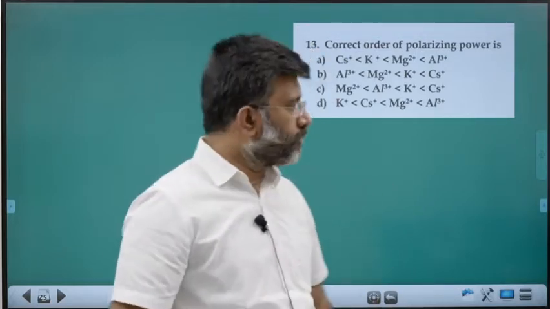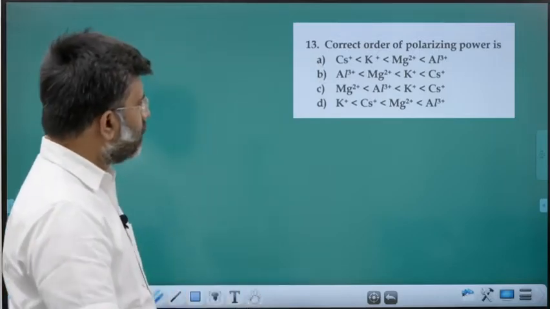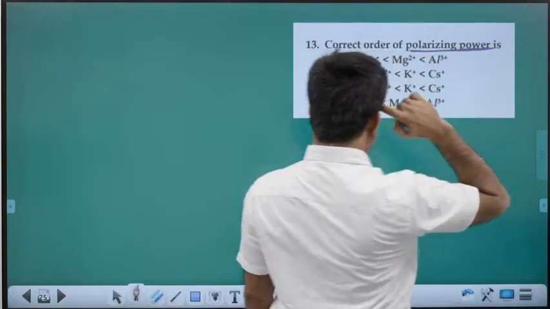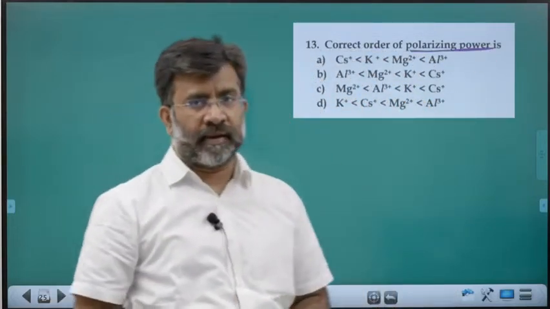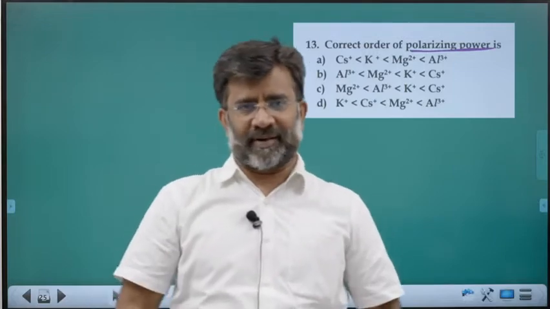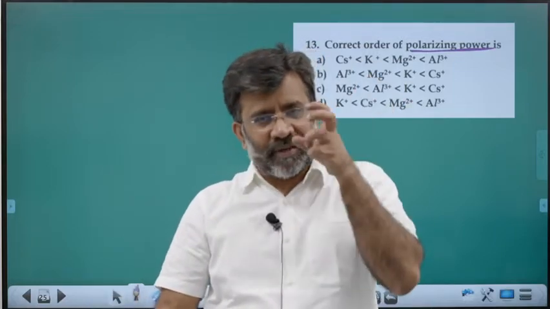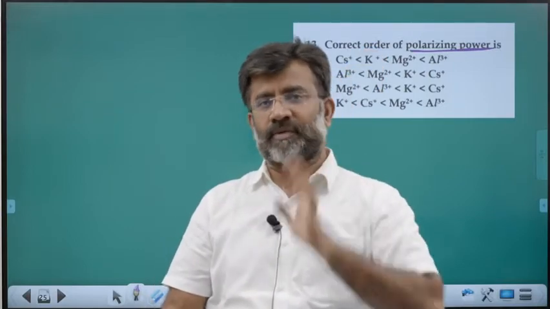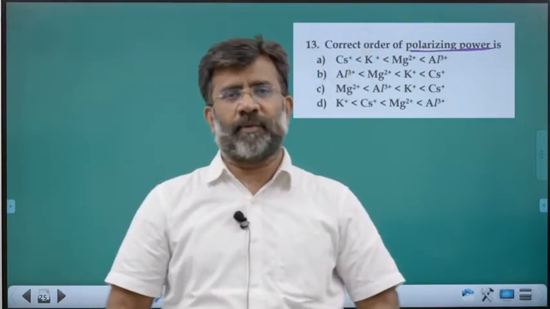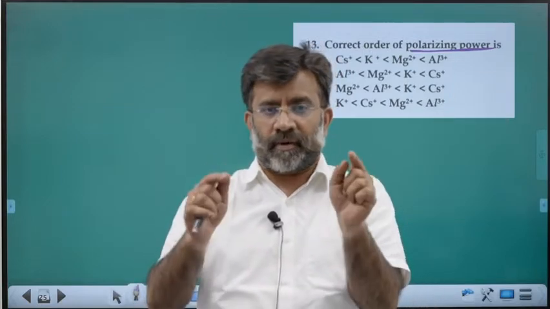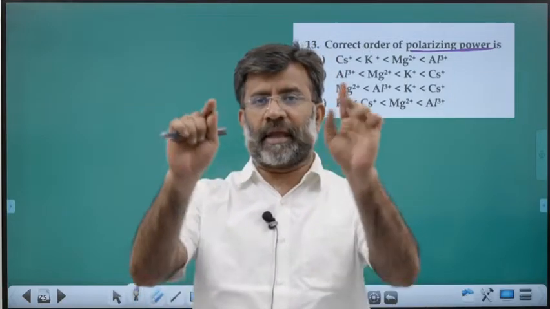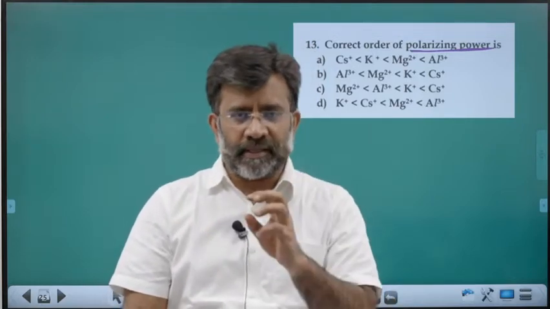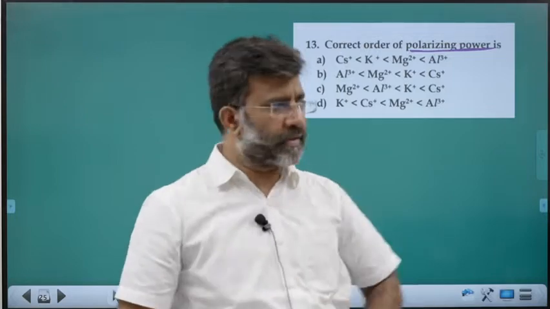Higher the charge, higher the polarizing power; higher the charge, lower the size. We are talking about positive charge, because cations polarize anions. So higher the positive charge, smaller the size, higher the polarizing power.